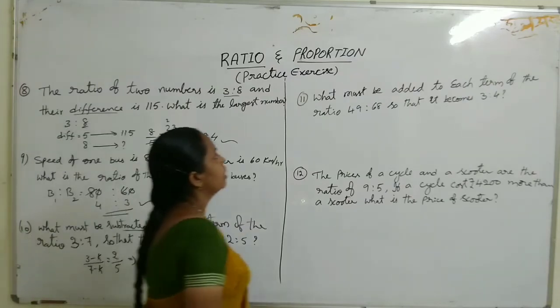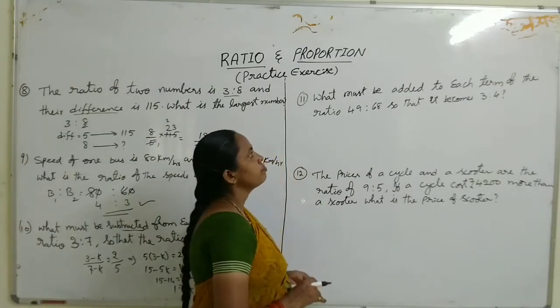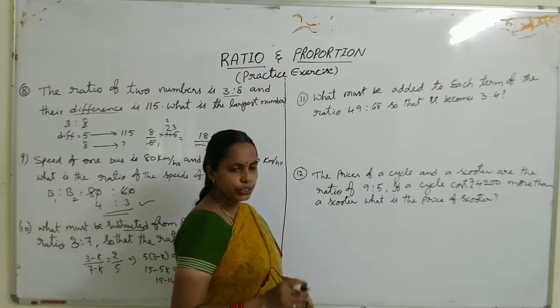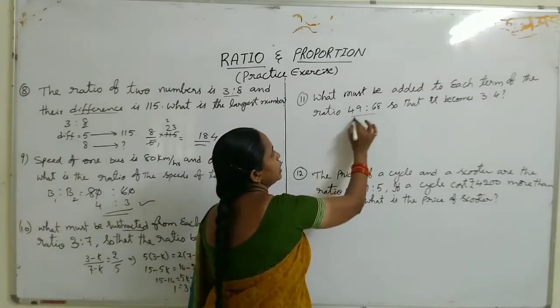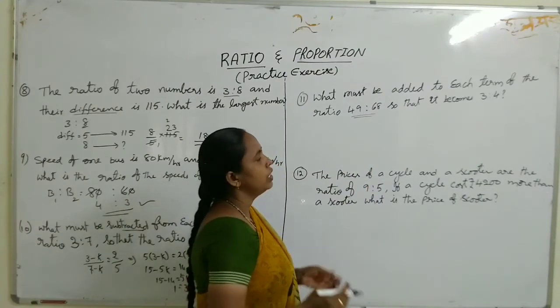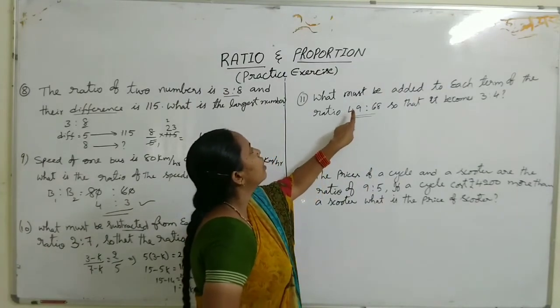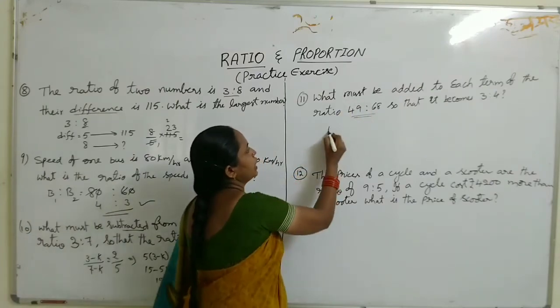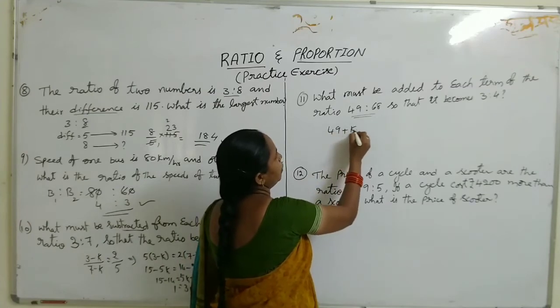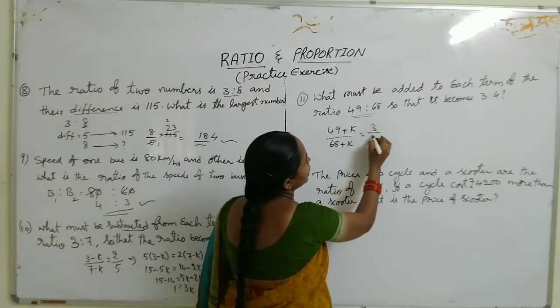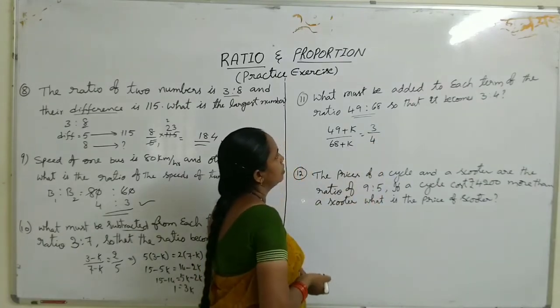Next, question number 11. What must be added to each term of the ratio 49:68 so that it becomes 3:4? Here we add a value k to each term, that is 49 plus k by 68 plus k, and it becomes 3/4.